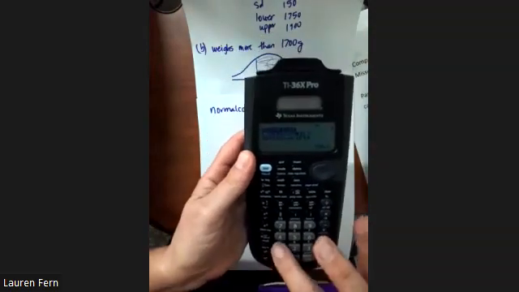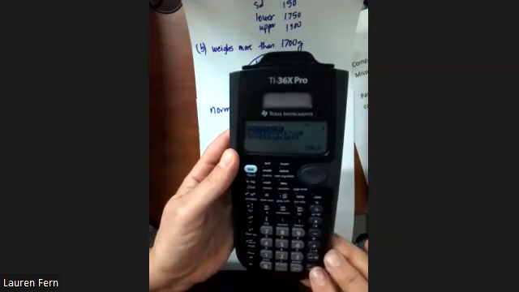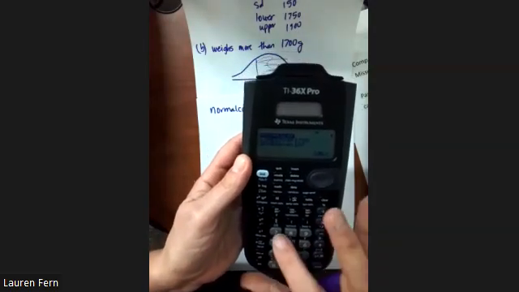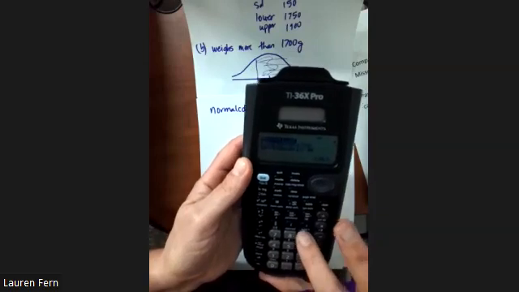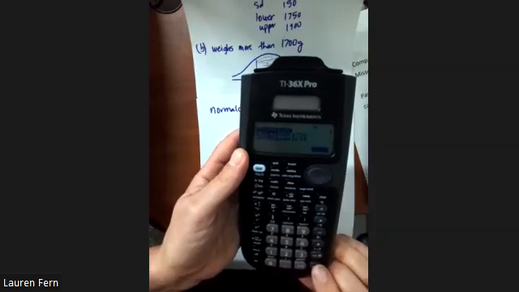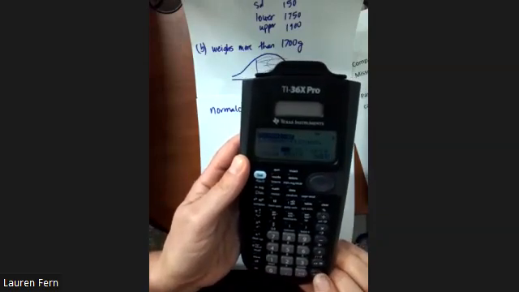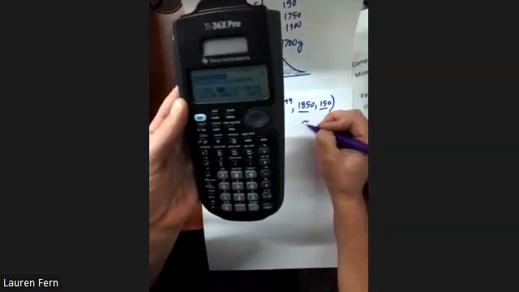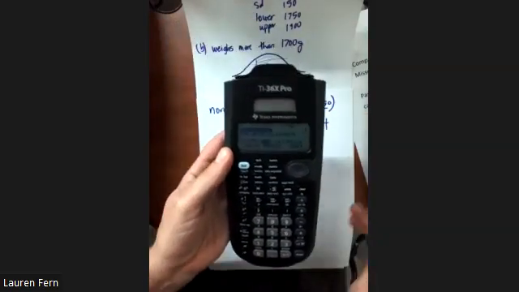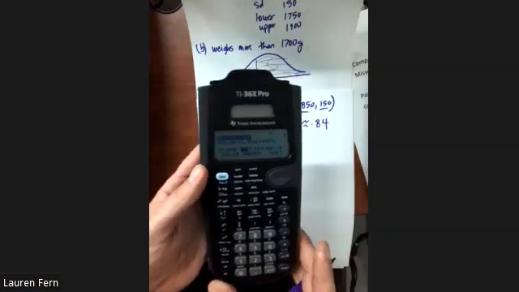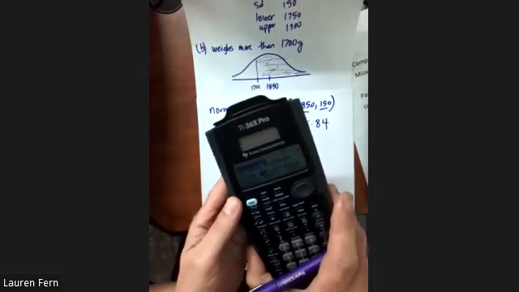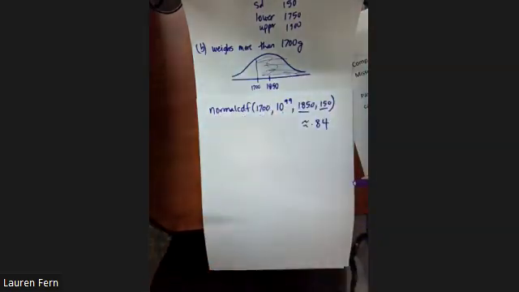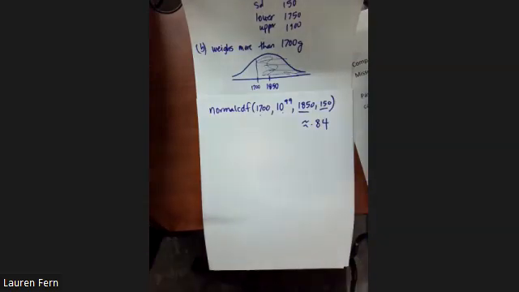And now for my lower bound, I put in 1,700. My upper bound, I put 10 to the 99th. And I get about 0.84. Questions there?